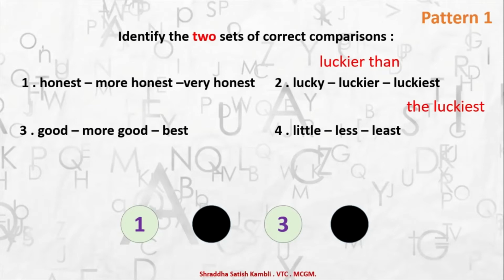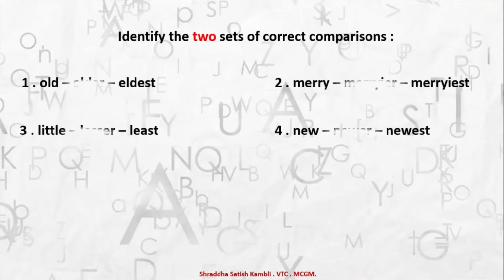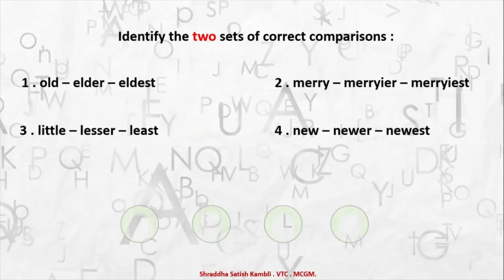Alright, so this was example 1 for you. Let's move on and do example 2 in the same pattern. Here are your sets of words. Old, elder, eldest. Merry, merrier, merriest. Little, lesser, least. New, newer, newest. Which 2 sets are correct?